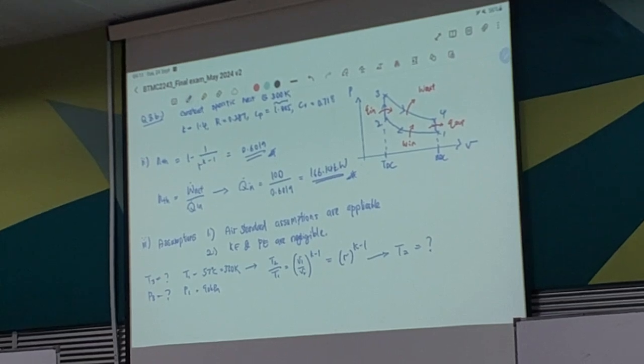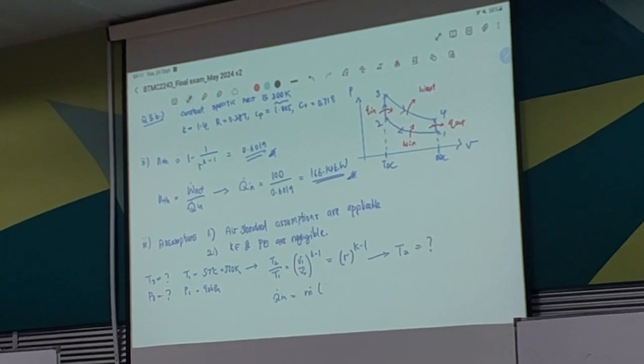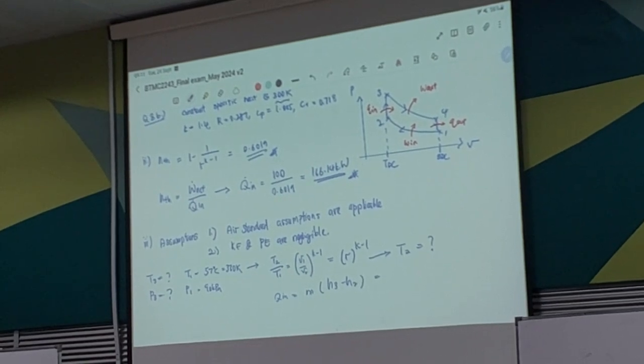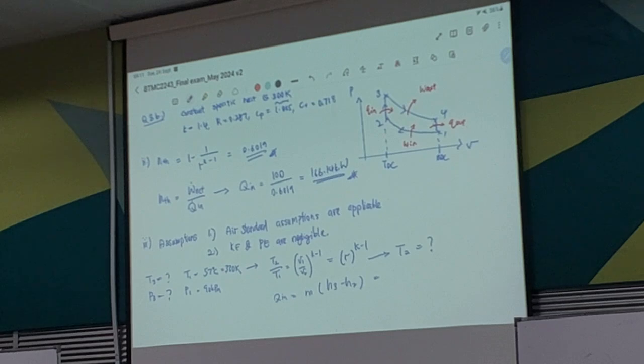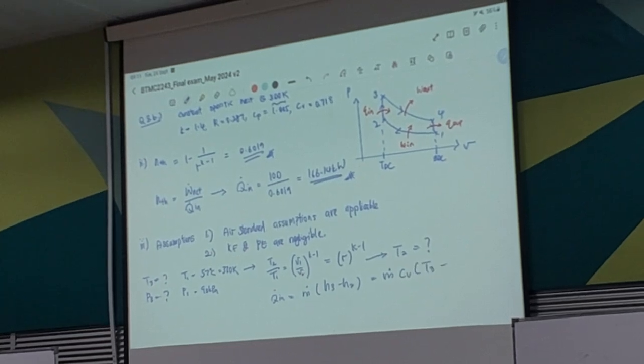So you found Q in, which means that Q in dot is m dot times H3 minus H2, which is CV times T3 minus T2.